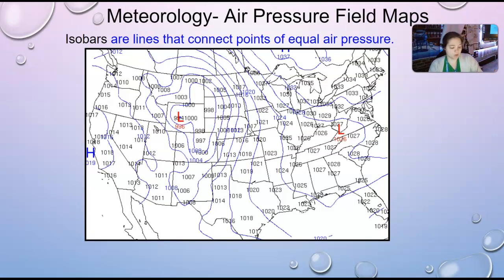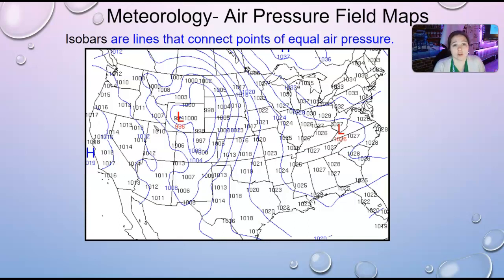These lines are called isobars because if you remember on page 13, one of the pressures that we measure is in millibars. Millibars, isobars, these are lines that connect equal air pressures.